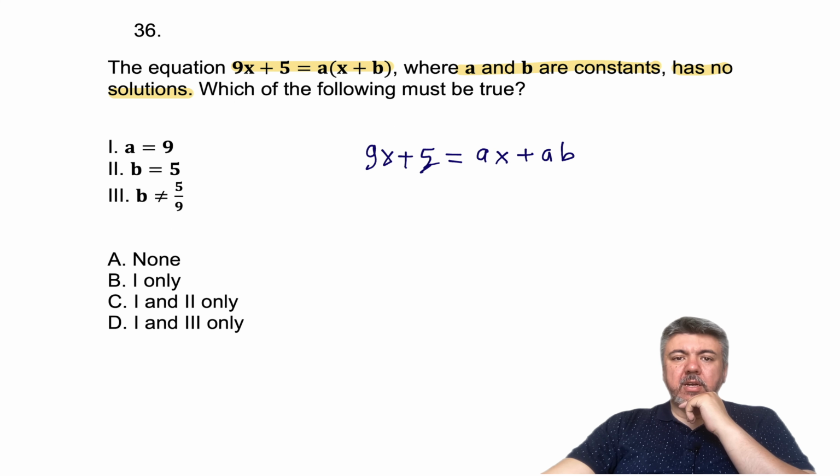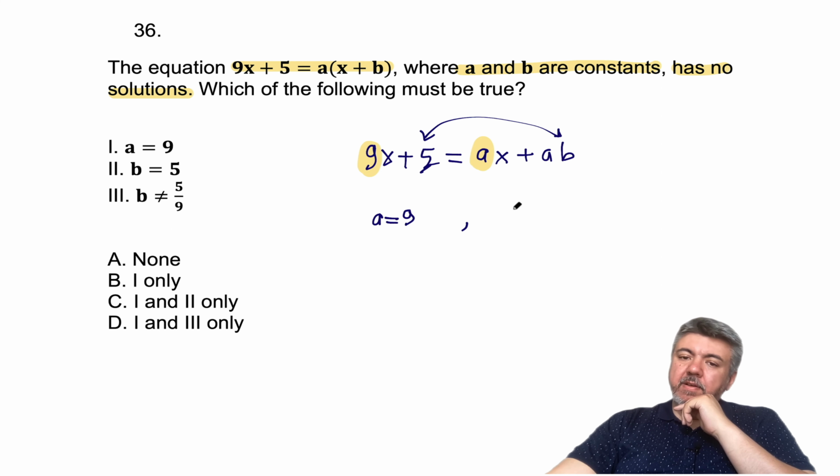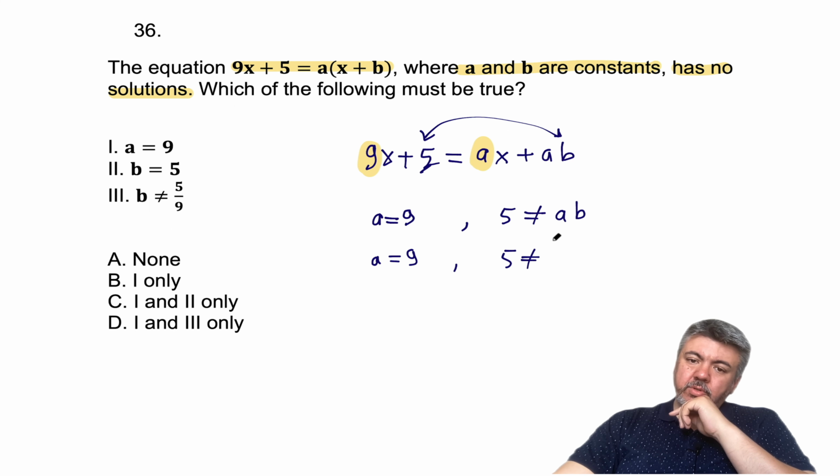The idea here, if there is no solution, the x coefficients will be the same. A must be 9. But the constant should be different. 5 not equal to ab. A is 9, right? So 5 is not equal to 9b. Divide by 9. 5 over 9 not equal to b.